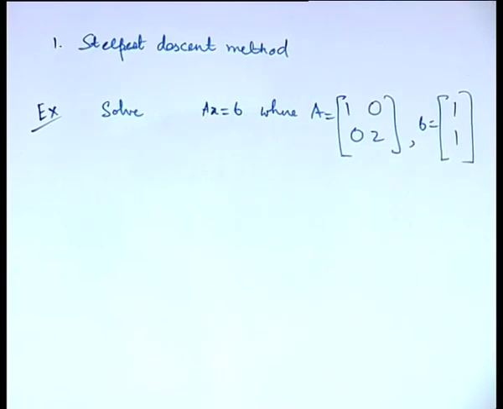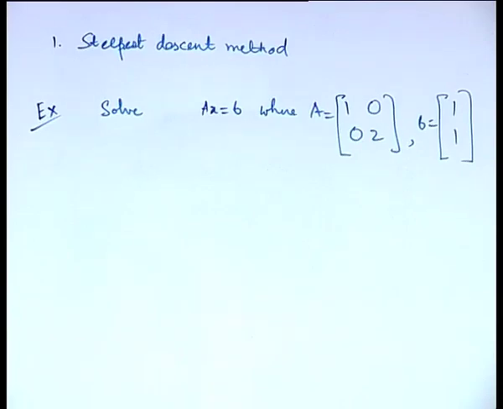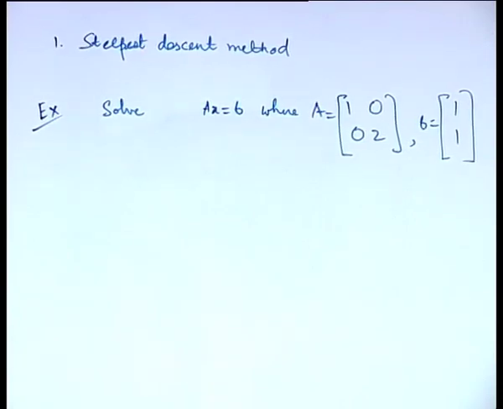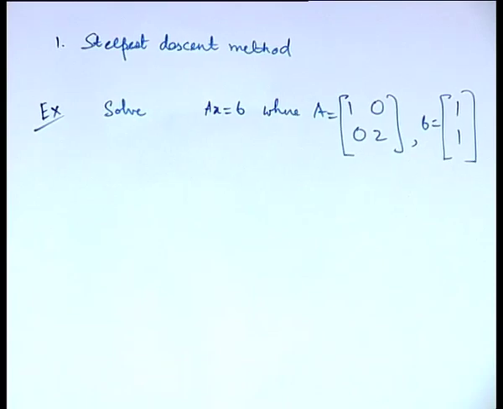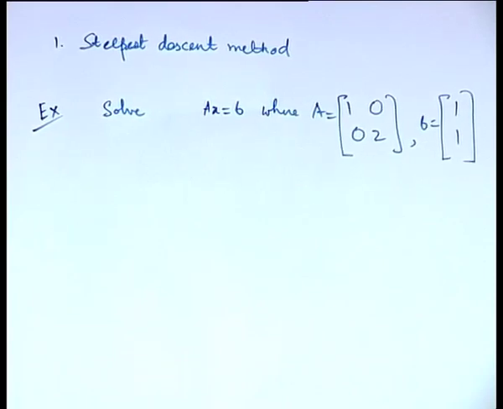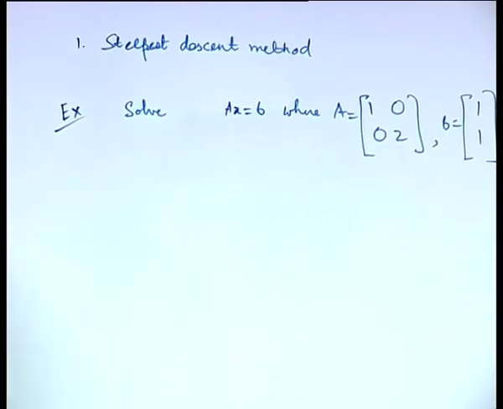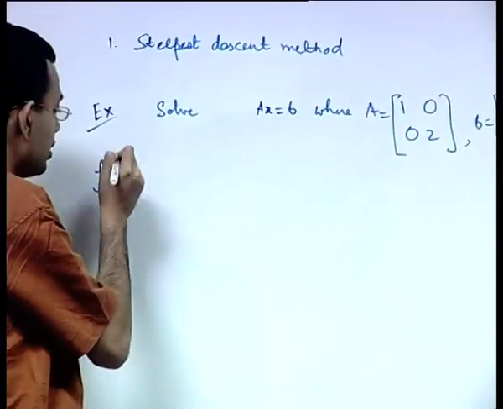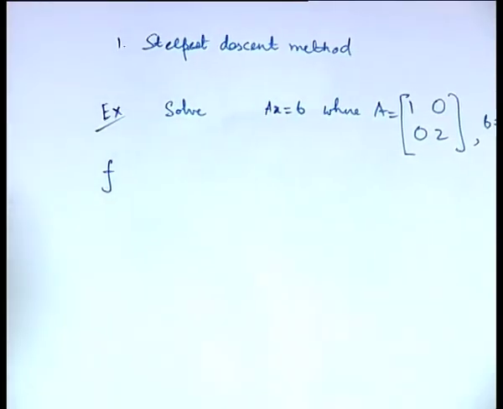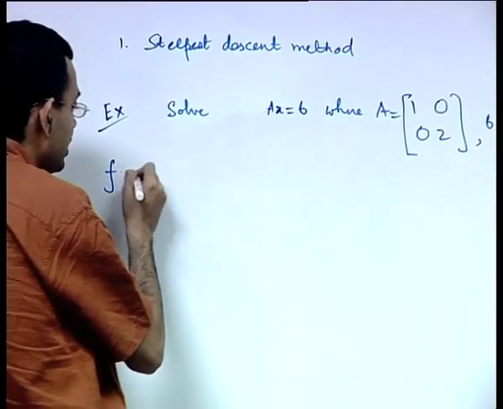So what we will do is we will first follow the steps that we have identified through the initial prescription of the minimization problem. We have to first specify a minimization problem of a function. So let us construct the function f. What is this?